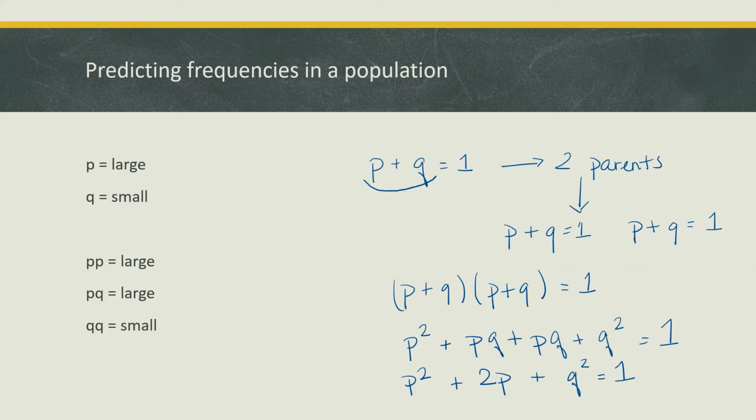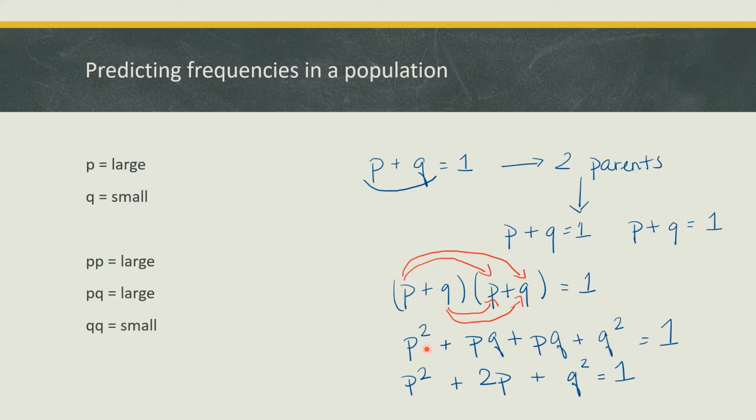Do you remember how to multiply p plus q times p plus q? First we multiply p times p to get p squared, and then p times q, which gives us pq. Then we do the other side, q times p, which gives us another pq, and q times q, which gives us q squared.